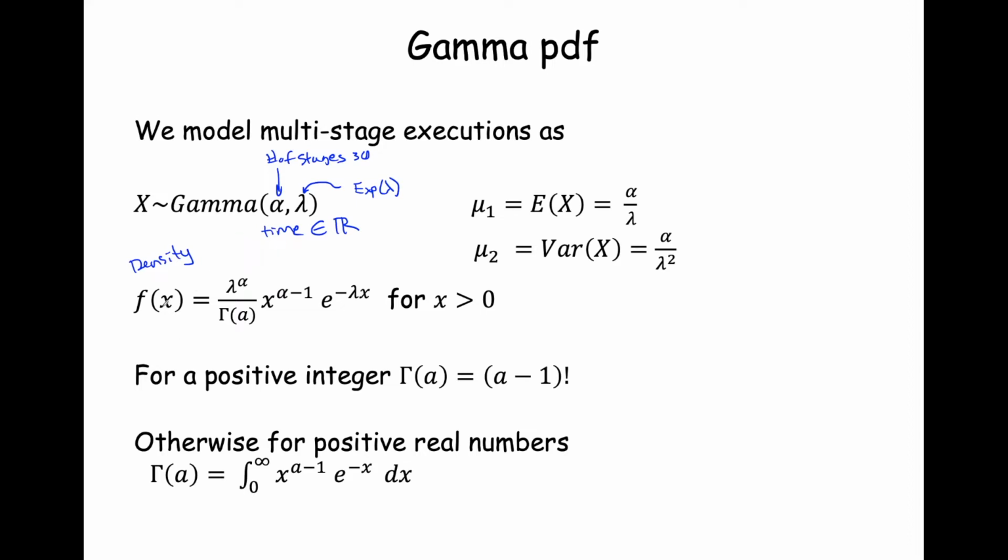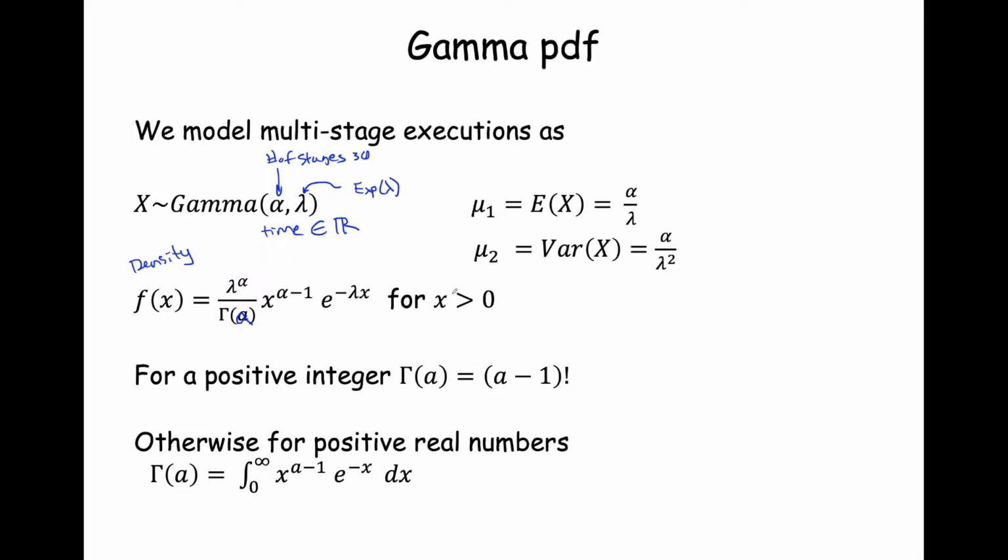The density function of a gamma distribution, f of x, where x is the time observed, is equal to lambda to the alpha power over gamma of alpha, times x to the alpha minus 1 times e to the minus lambda x. And of course, x is assumed to be greater than 0.